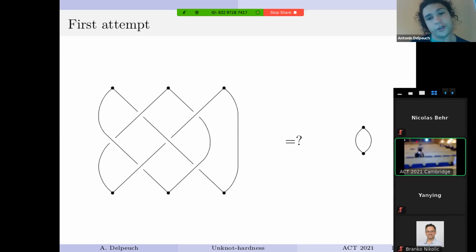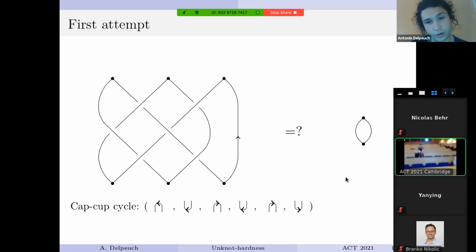If you orient your knot, you pick an orientation arbitrarily, and then you follow the strand through the knot, and you record which caps and cups you encounter and in which direction you travel through them. So first here I encounter a cap and I travel to the left, and then a cup, I still travel to the left, and then a cap traveling to the right, and so on. That gives you a cycle of oriented caps and cups. And that's again an invariant up to braided isomorphism.